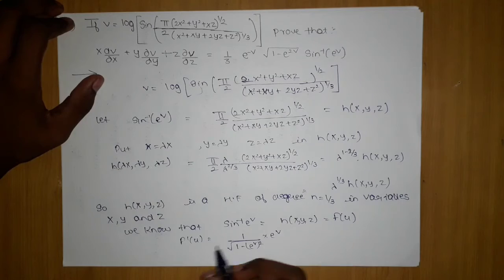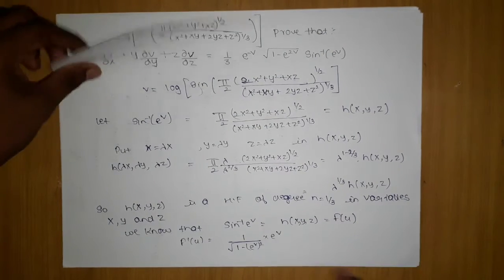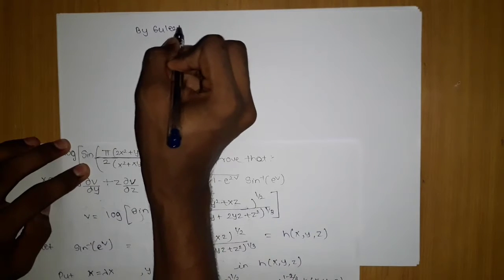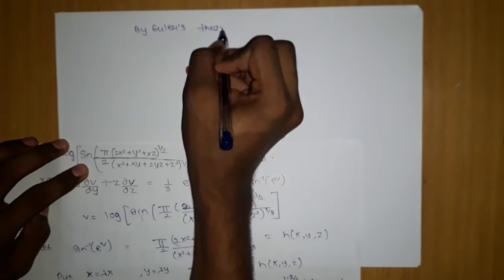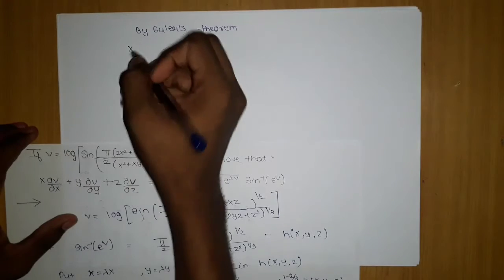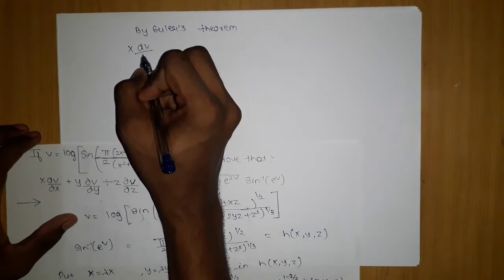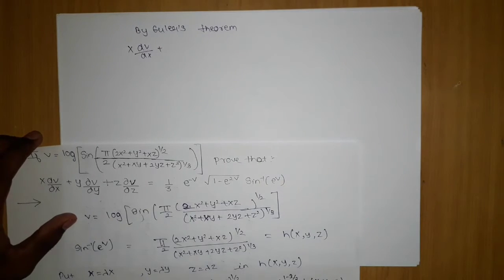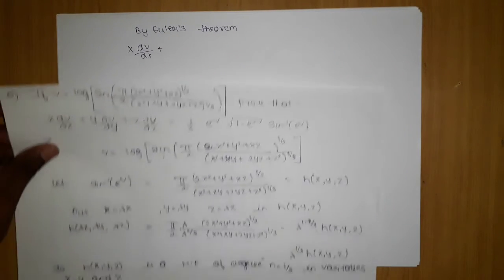So we are getting everything proper. Now we got what we wanted by Euler's theorem. We can say x ∂v/∂x plus y ∂v/∂y plus z ∂v/∂z, what is this?